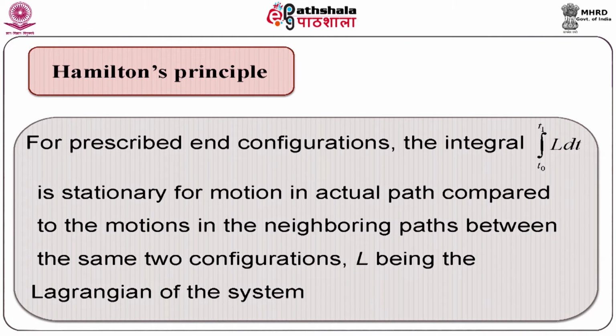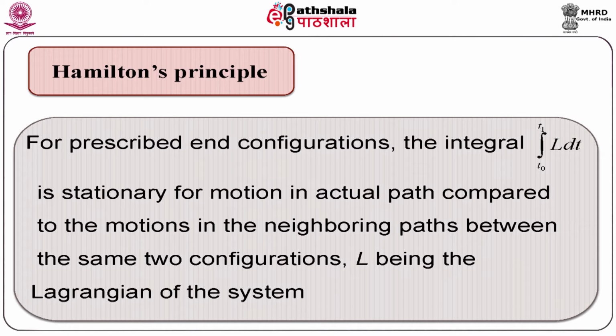Hamilton's principle: for prescribed end configurations, the integral from t0 to t1 of L dt is stationary for motion in the actual path compared to the motions in the neighboring paths between the same two configurations.